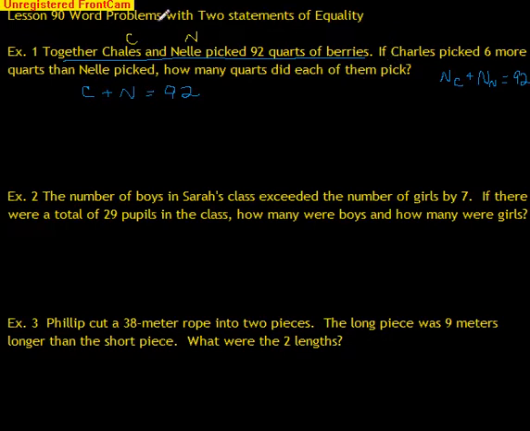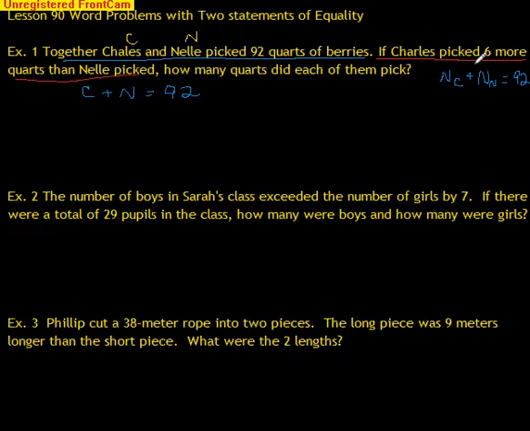Now this is word problems with two statements of equality, so there are going to be two equations that are equal. But here's the tricky part. It says if Charles picked 6 more quarts than Nellie picked, how many quarts did each of them pick? When we go to do the second sentence, we need to think a little bit.